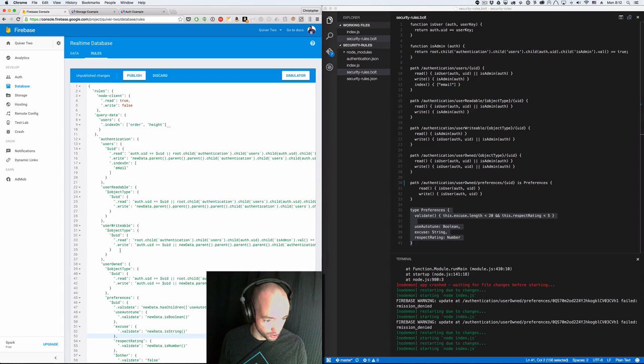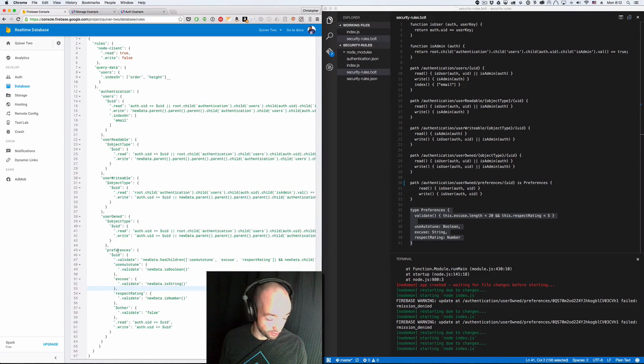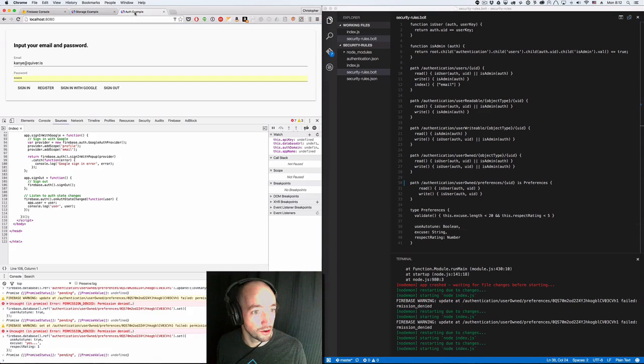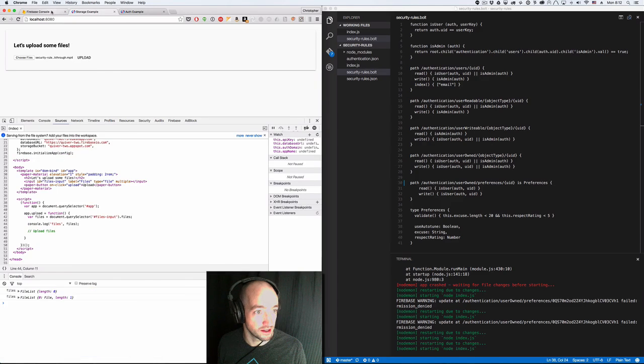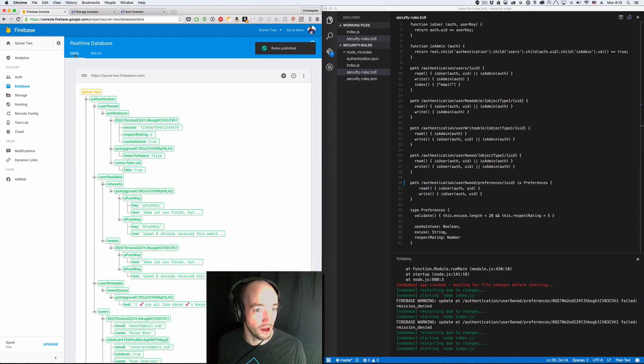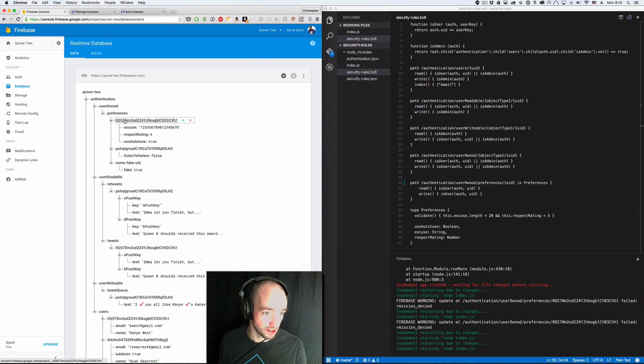I've got some read-write rules on all object types, but for all preferences, I've got these rules out of Bolt. Use autotune, excuse, respect rating. Okay. All right. So let's just prove for certain that this does exactly what I think it does. Publish that, yeah.